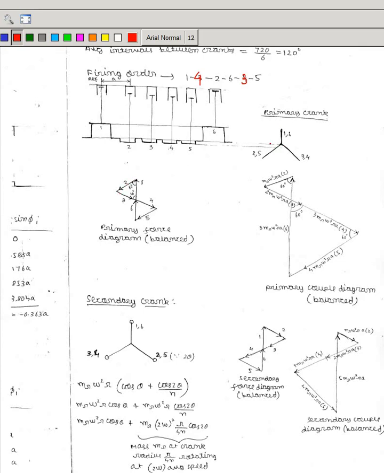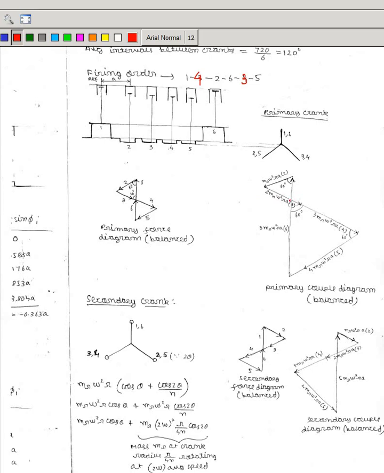Then this is 3, all forces are equal, so the angles are 60 degrees, all sides are equal. Now this is 4, this is 5, and this is 6, so it comes back where it started from, and the primary forces are balanced.